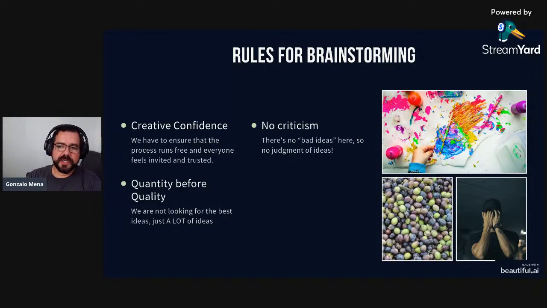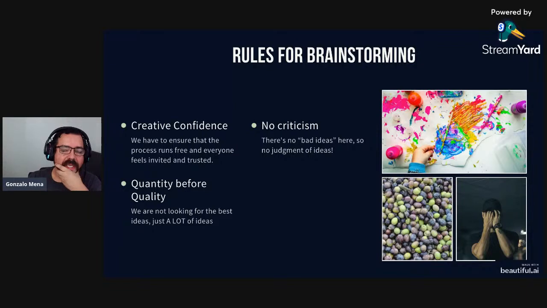And as I said, quantity before quality. What we need is lots and lots of ideas, not the best ideas, not good ideas, just lots of ideas. And finally, and this is very important, no criticism. There are no bad ideas in this process.